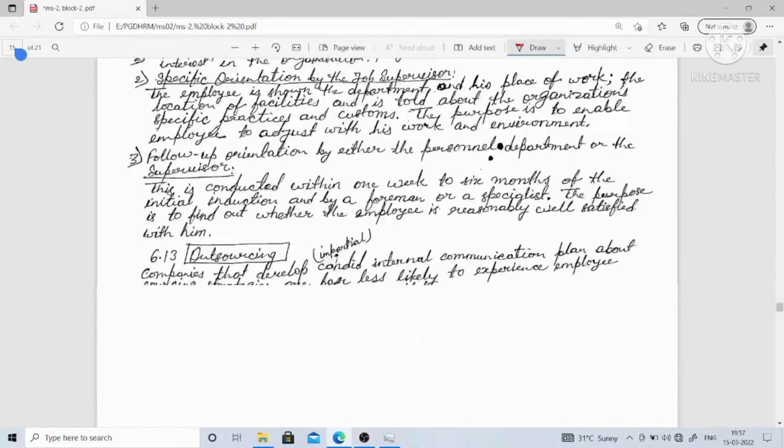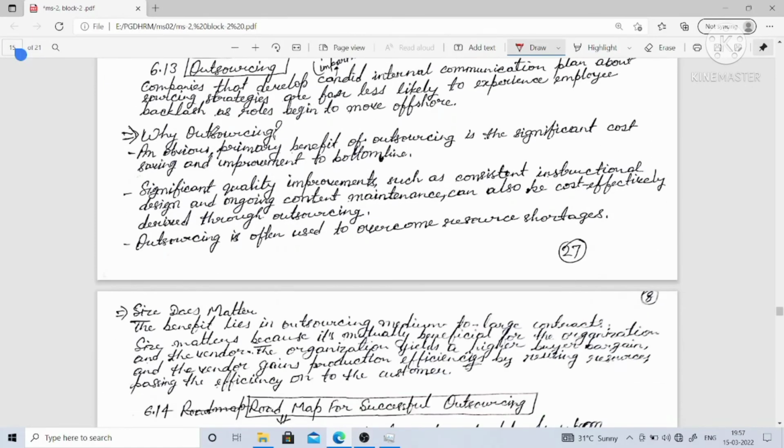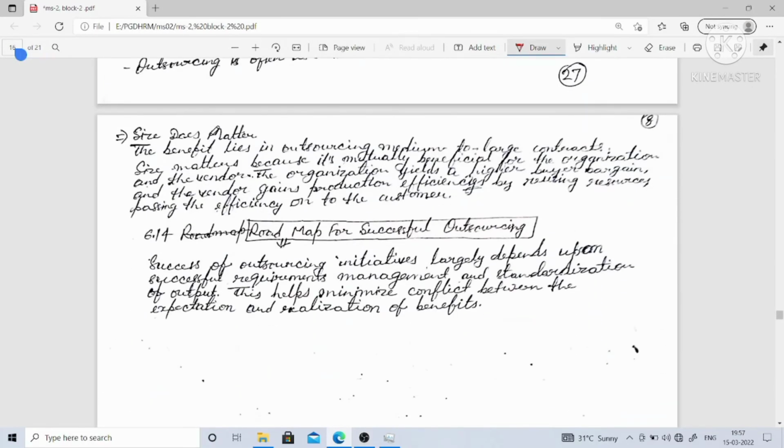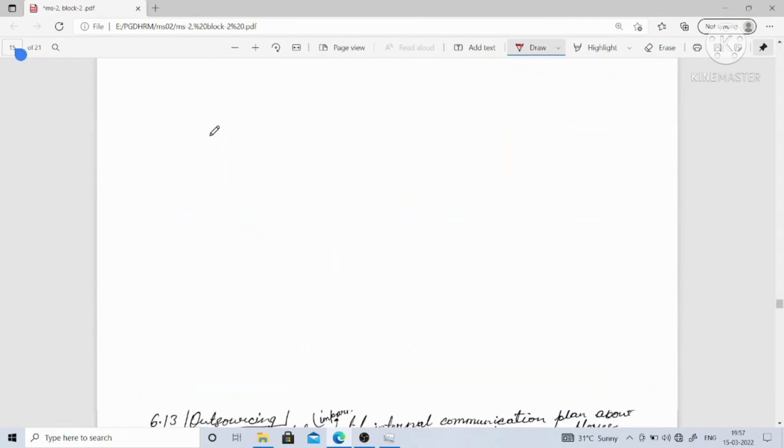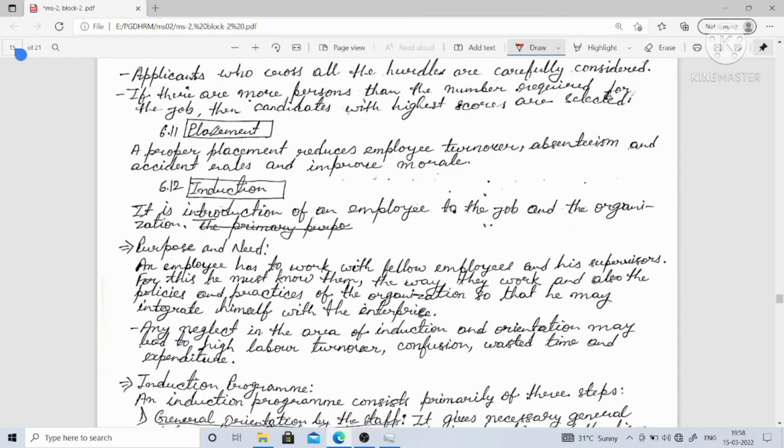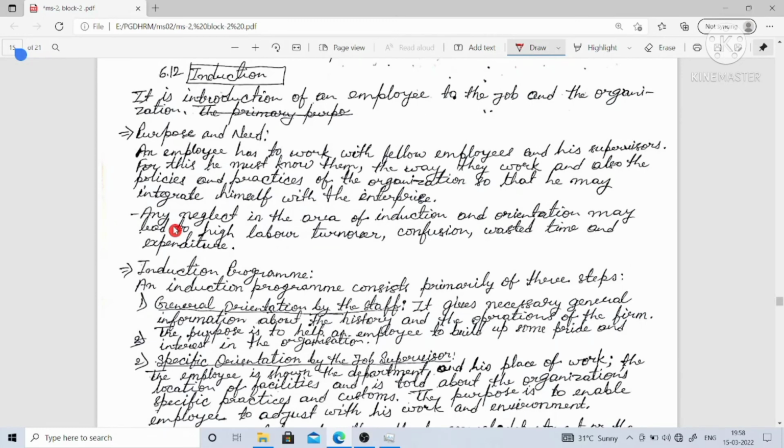So it is the introduction of an employee to the job and the organization. Employees are provided information related to the job and the organization, the purpose and need. An employee has to work with fellow employees and his supervisors.